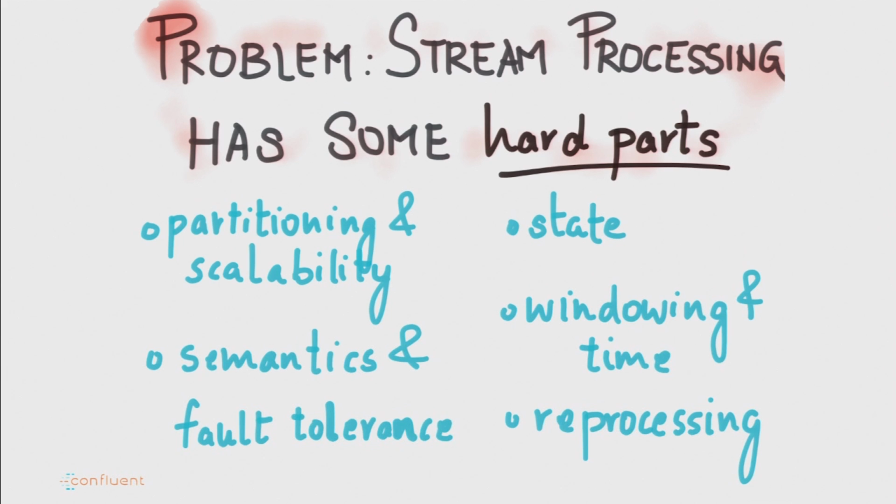Semantics and fault tolerance. If a process fails, you're probably going to lose some data. You probably don't even have a hot standby to continue serving data. But there are also some really tricky problems around how many times you process data. If your process stays up, it's really easy to guarantee that you process each event once and that you don't get incorrect results because you, say, double counted somebody viewing a page. If you have to deal with faults, that becomes a lot harder.